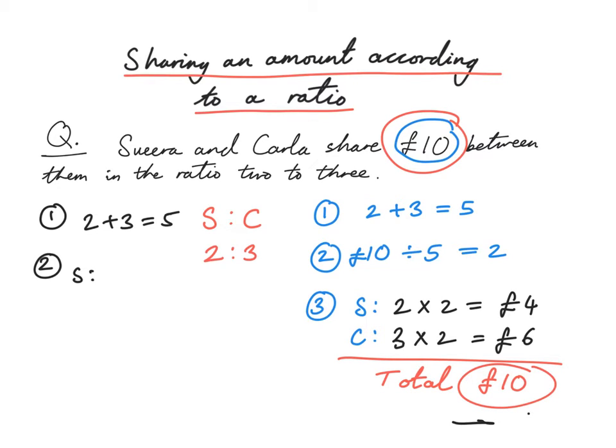So for Suera, it would be the total amount £10 divided by the sum of the ratios 5 multiplied by Suera's ratio. So the answer is £4. And for Carla, similarly, the total £10 divided by the sum of the ratios 5 multiplied by her ratio 3, and you get £6.